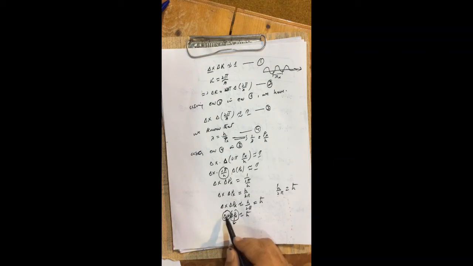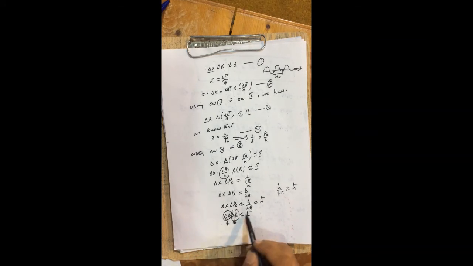In other words, if the error in measuring the position is smaller, then the error in measuring the momentum will be bigger. But the two errors are such that their product will always be equal to or greater than h bar. So overall I can say that delta x, delta px is greater than or equal to h bar.